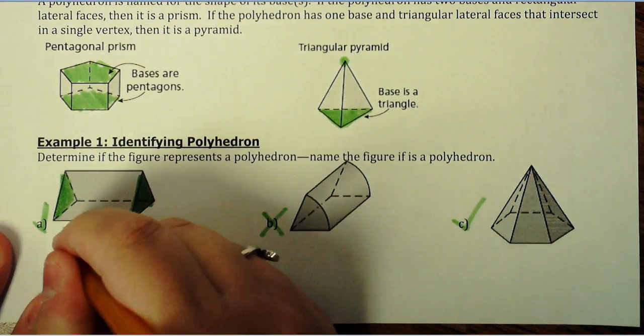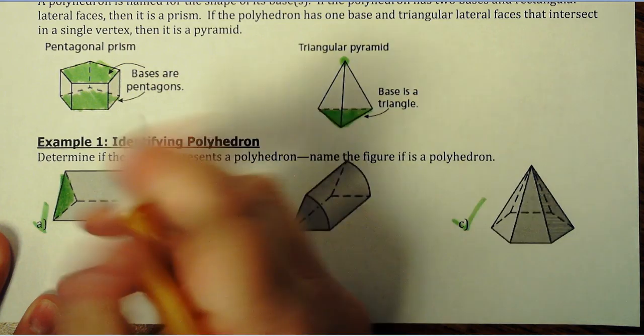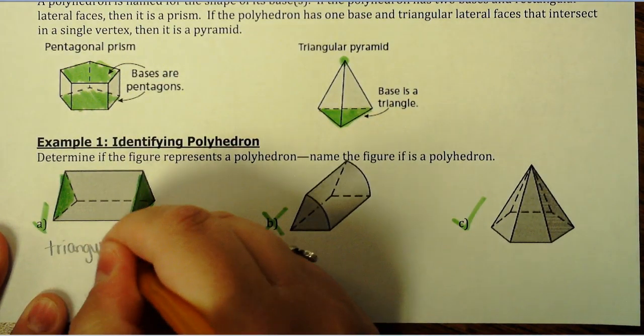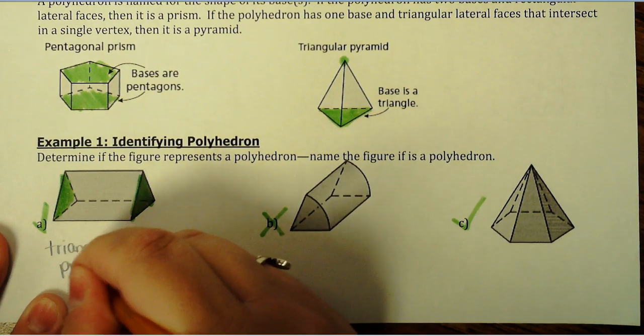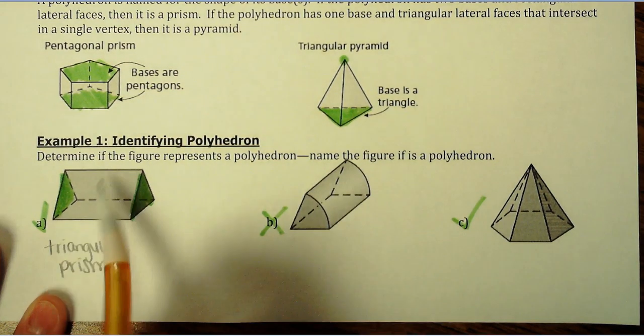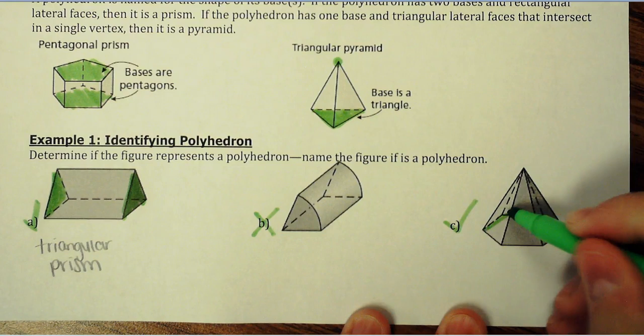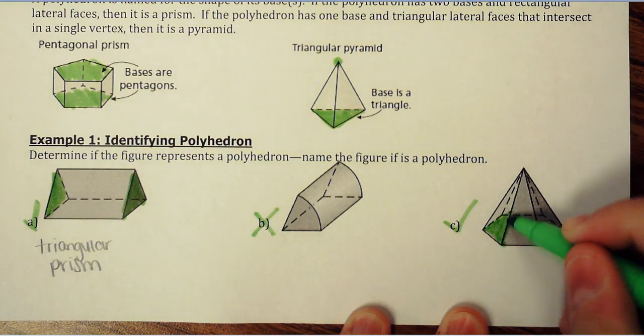So because the base is a triangle, we're going to call this a triangular prism. And you can see the other faces in that figure are all rectangular shapes. So the lateral faces are rectangles, which means we have a prism. Over here, remember we're not going to name this one because it has a curve, so it's not a polyhedron.